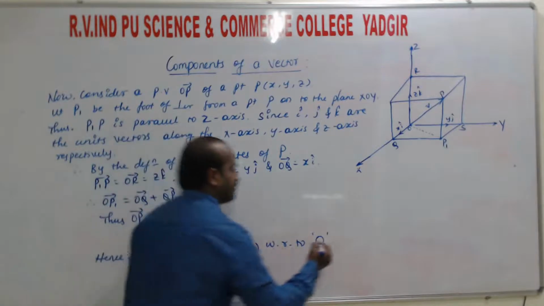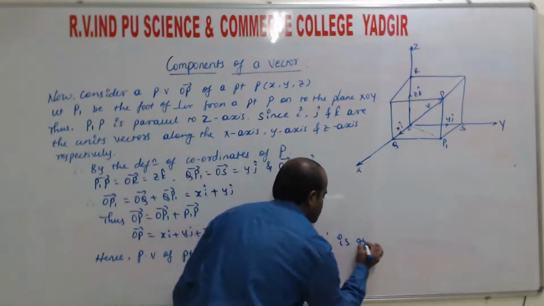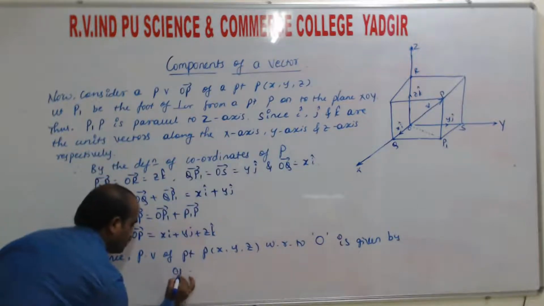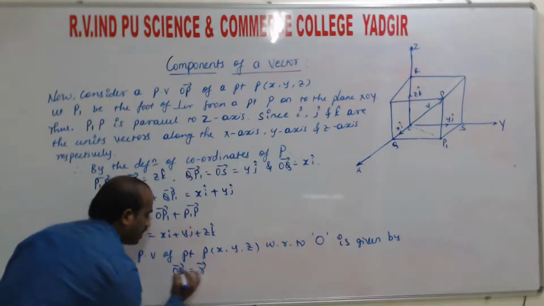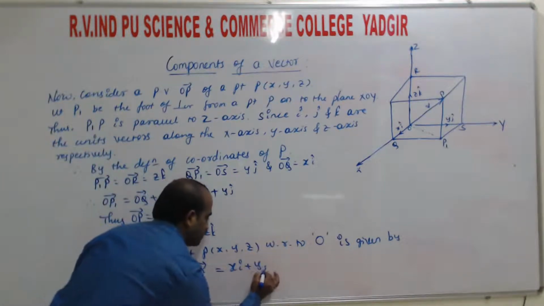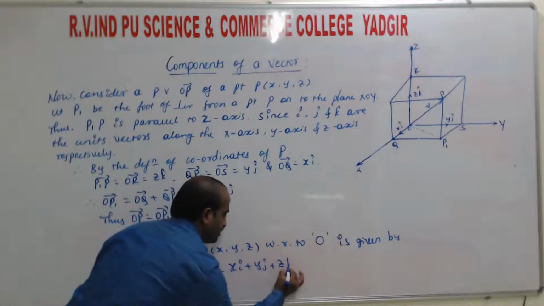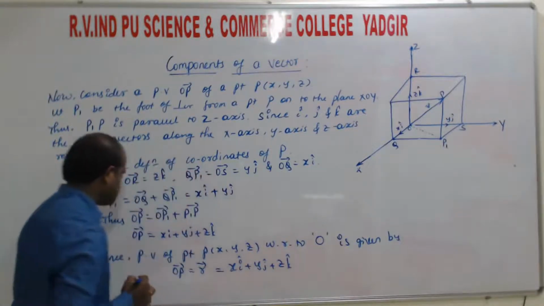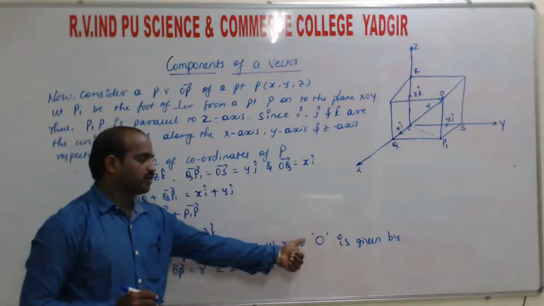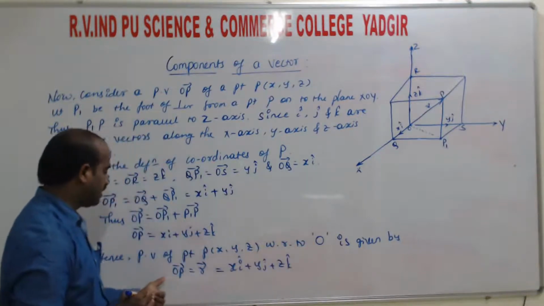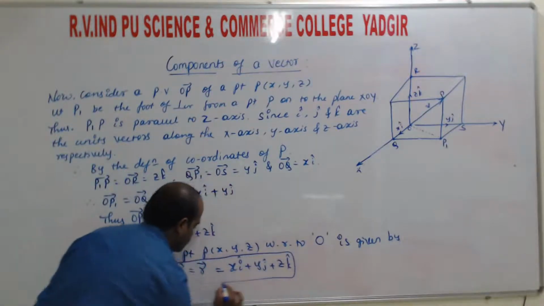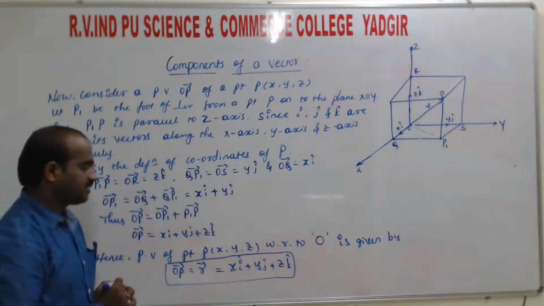The position vector of point P of x, y, z with respect to origin O is given by the OP vector, which is the r vector, equal to xi plus yj plus zk.